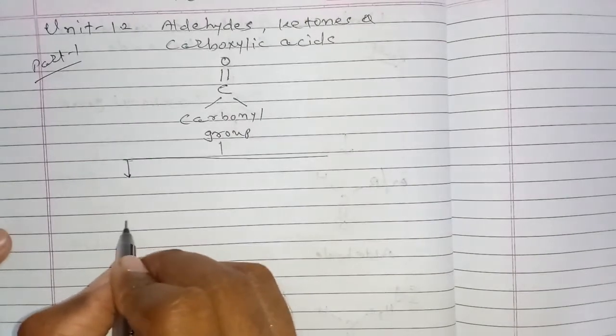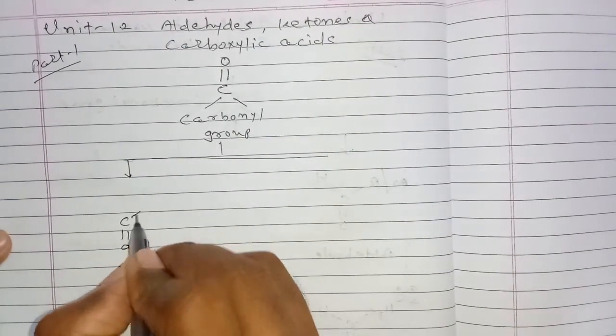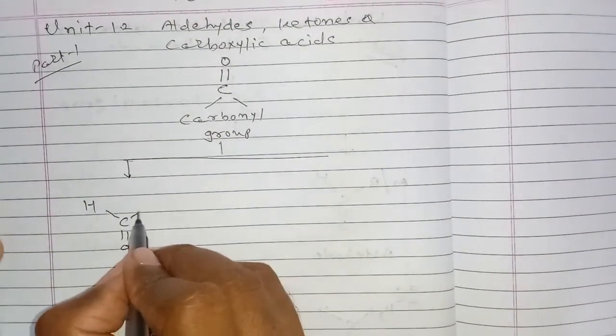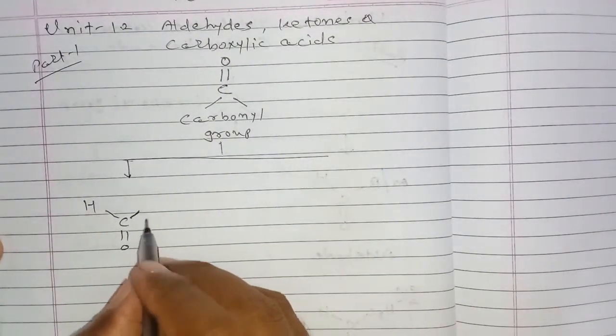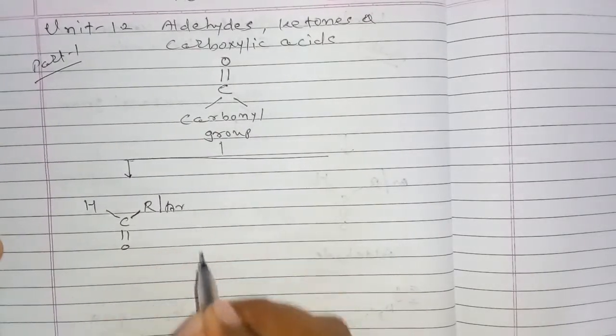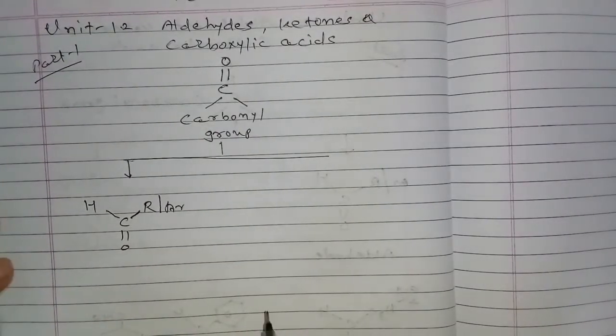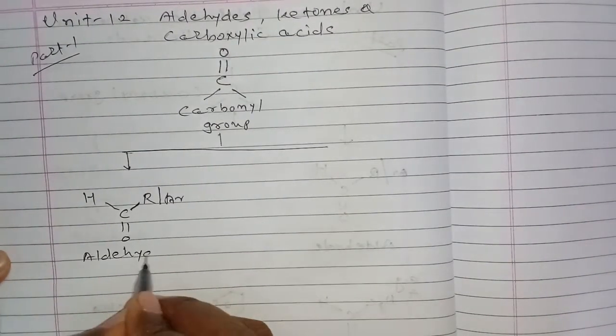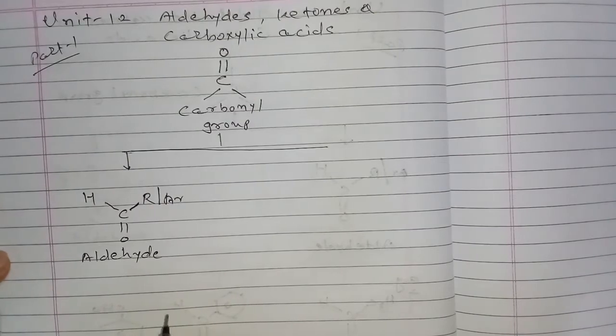If the carbon of the carbonyl group is bonded with a hydrogen atom and the carbon of an alkyl group or aryl group, it is called an aldehyde.